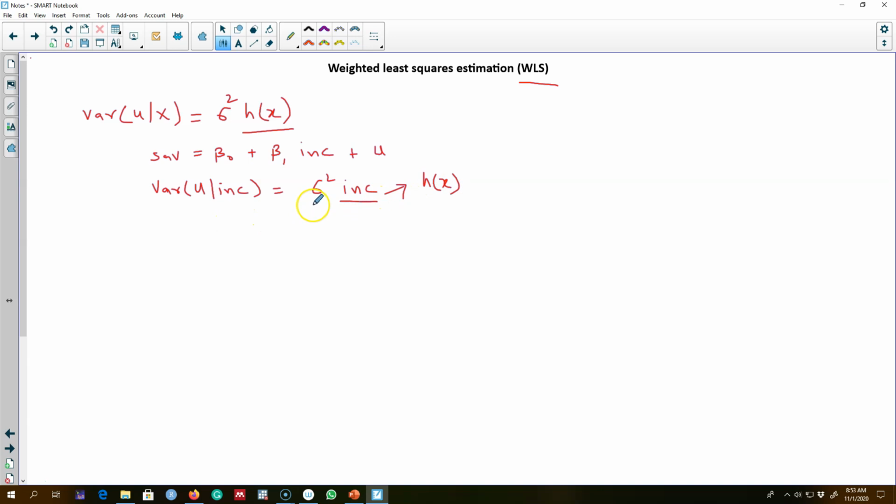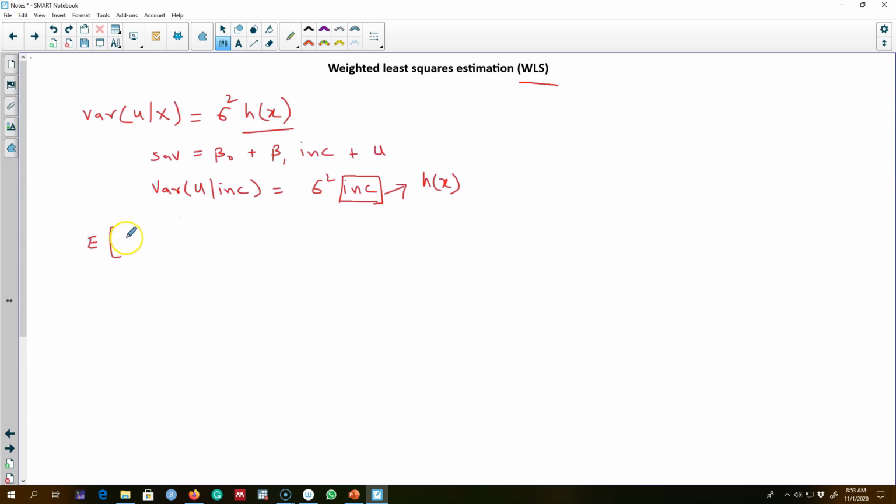That is, sigma squared is a function of income. One way to correct this type of heteroscedasticity is to use this information. Because we already know that income is causing this heteroscedasticity, we can tweak our model a little bit to incorporate it. Let me show you how we can do this.